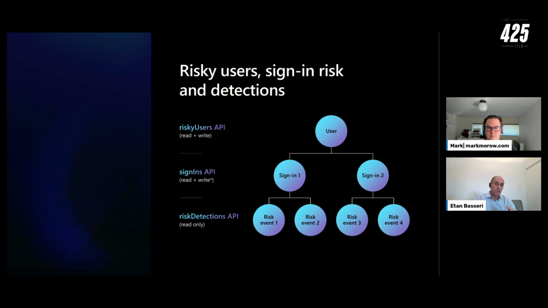Like I mentioned before, sometimes those detections are linked to a sign-in, and so we would flag that as a risky sign-in, and that's where you see that second tier. I'm giving you some of the names of the collections off to the left here. All these APIs are ways to leverage our data if you have your own tooling.